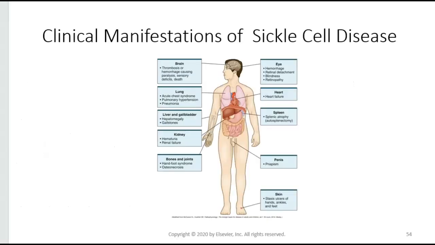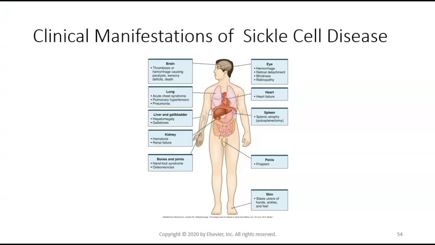All right, so some of the clinical manifestations you can see here. I like this. Basically shows you that sickle cell affects every area of the body. Lungs, including pneumonia. And again, lung complications, pneumonia, tissue infarctions, fat embolisms.